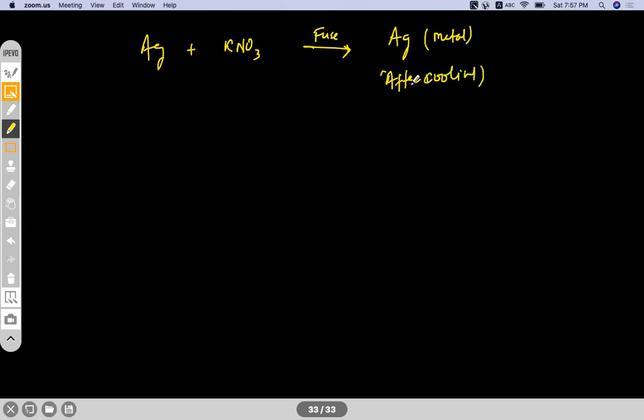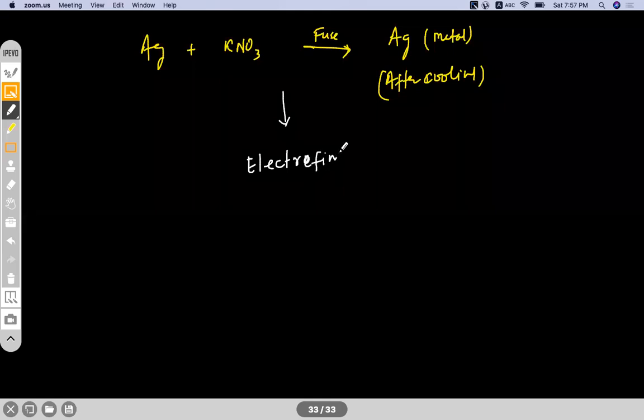And the last step in this is again electro refining, to get a more pure form of the metal.